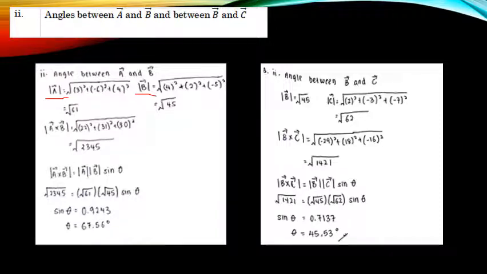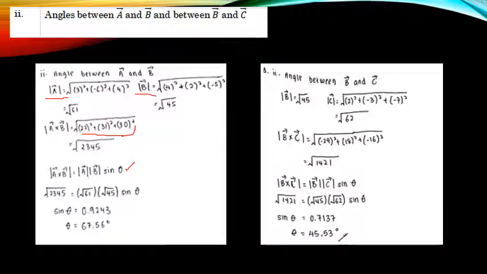From the previous question, we already have the vector product of A times B, so we find its magnitude using the previous value, which is square root 2345. Using the formula, the magnitude of A times B equals the magnitude of A times the magnitude of B times sine theta.